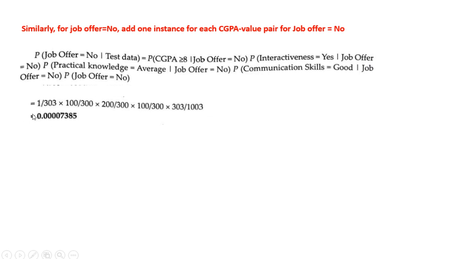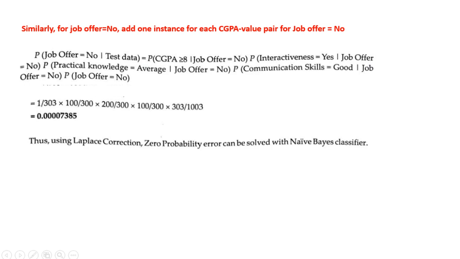So I had added one value here to CGPA, and my total instances increased from 1000 to 1003. So now instead of getting a value 0, I am getting a value 0.0007385.